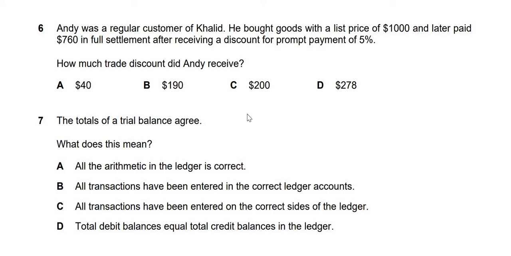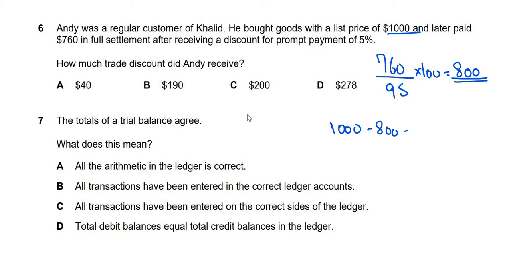So before the cash discount, we will do 760, alright, divide by 95, multiply by 100. So basically 800. So the price before the cash discount was 800. The total cost was 1000. So 1000 minus 800, that is going to give you an answer of 200. So the answer is C.